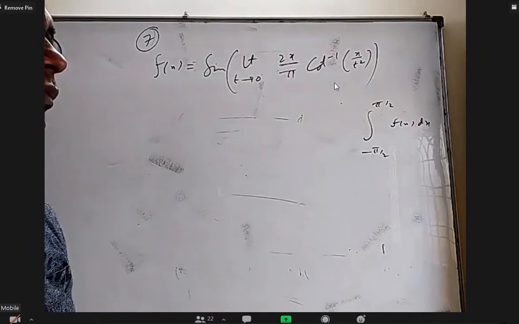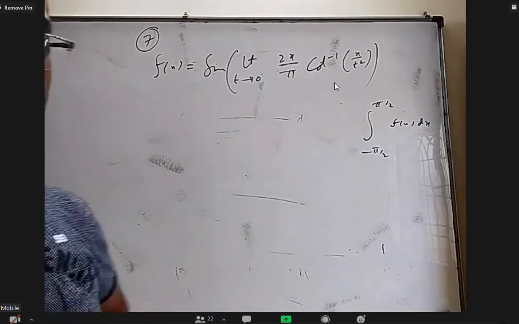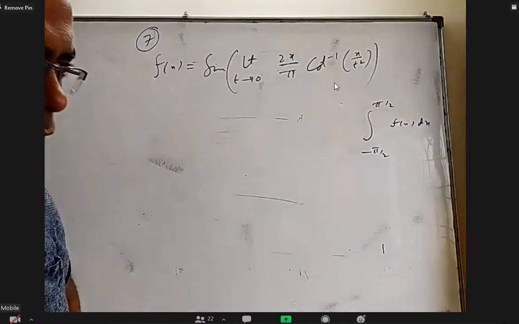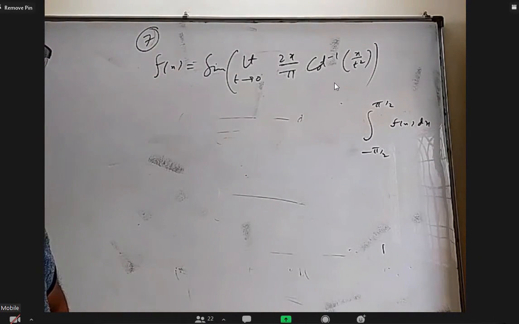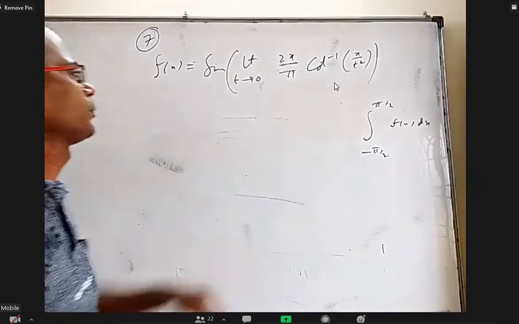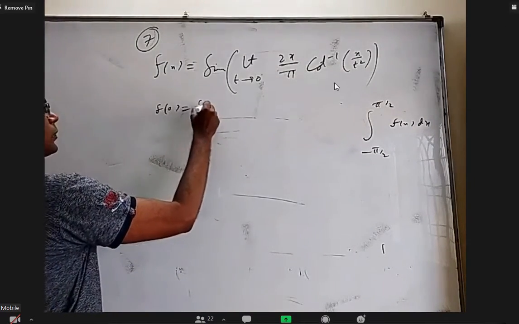Is it right? What are the principal values for cot inverse? 0 to pi, open interval. At pi also cot is 0, it will tend to becoming pi. So I don't know whether they have taken care of all the details, but let us do it. First of all, what is f of 0 stated?